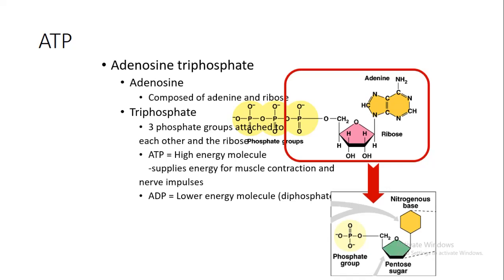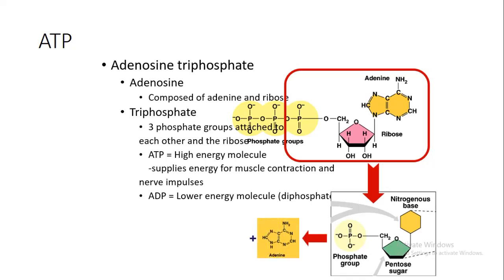When you talk of DNA, this is whereby a nucleotide and another nucleotide unite to form what? To form DNA. But when you talk of ATP, this is whereby a nucleotide, instead of adding another nucleotide, is going to add a phosphate.